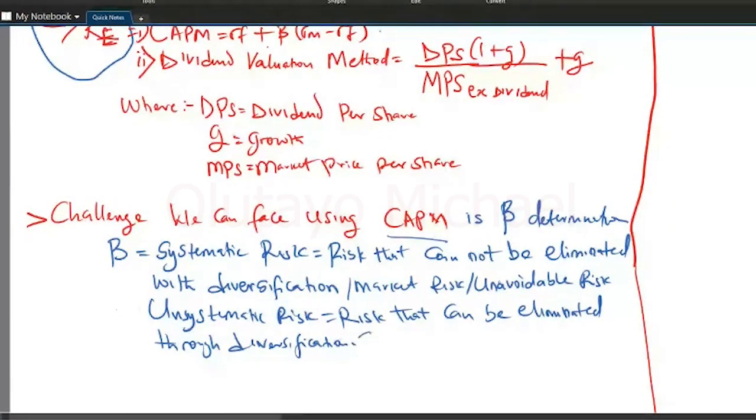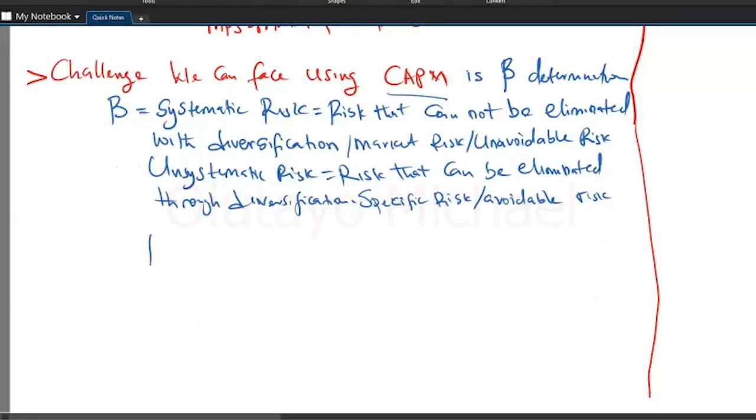Another name for it is called specific risk, or you call it avoidable risk. All right, but our concentration tonight is on beta, which is what? Systematic risk.